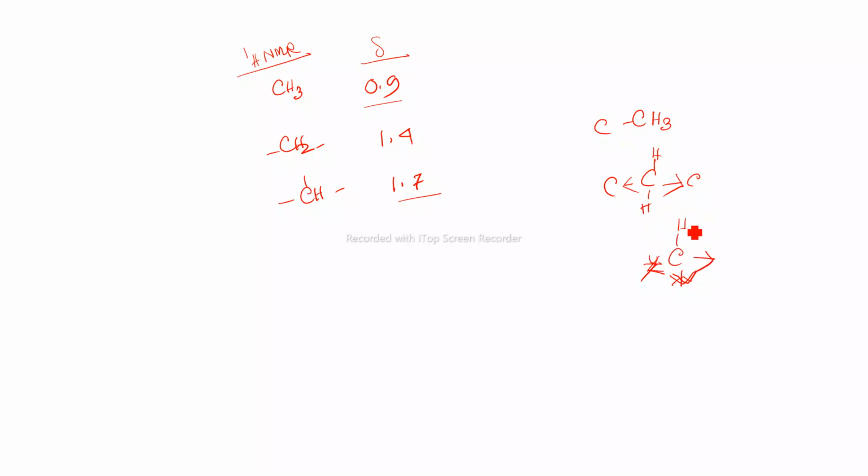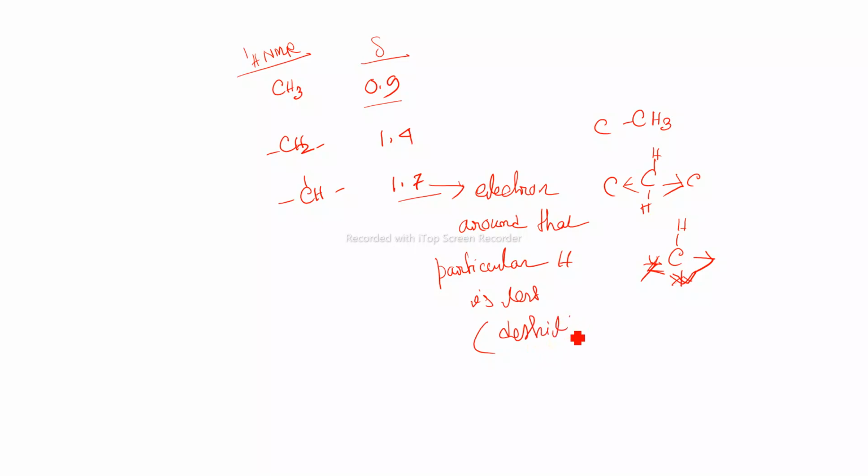More deshielded means that the delta value is high, meaning the electron density around the nucleus is less. That is clear, na? The electron around that particular hydrogen is less. That's why we call it deshielded, or we say downfield. Different terms are used.